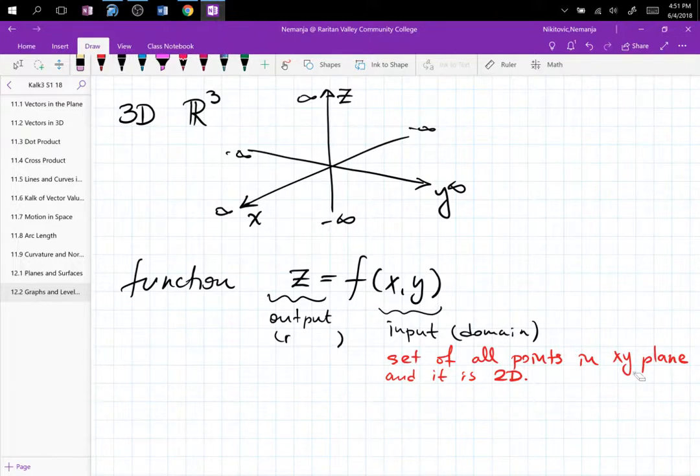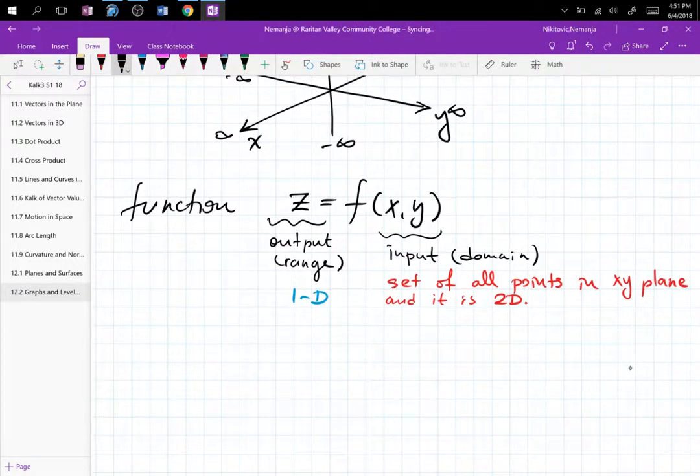Now that range is the set of all outputs, but that range is one-dimensional. So what you actually have is a diagram that you can understand this way.